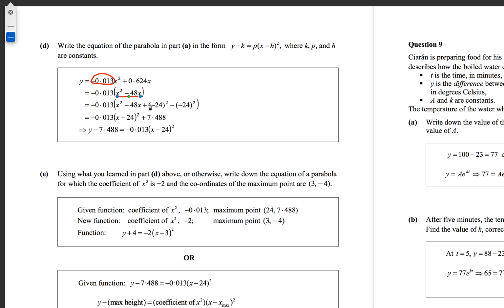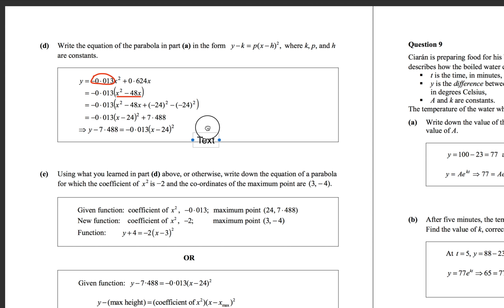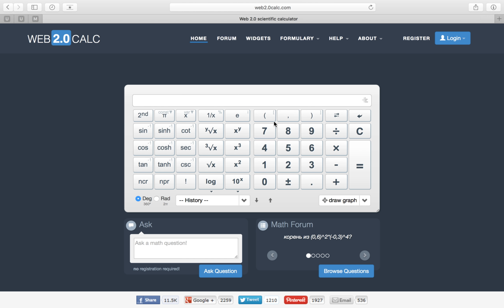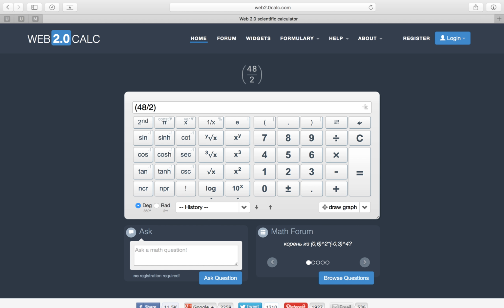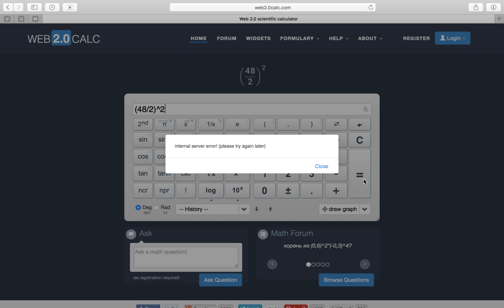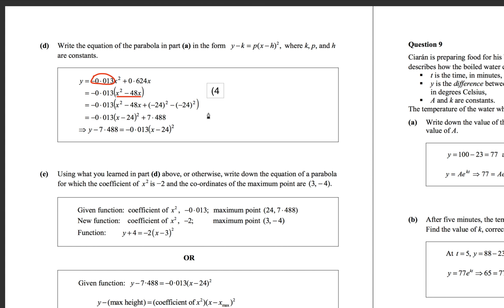So you take 48, you half it, and you square it. So you go 48 divided by 2, to the power of 2, which is equal to 24 squared.